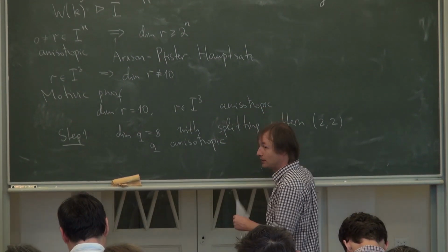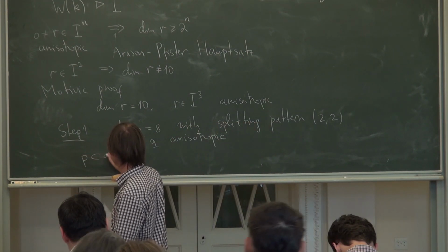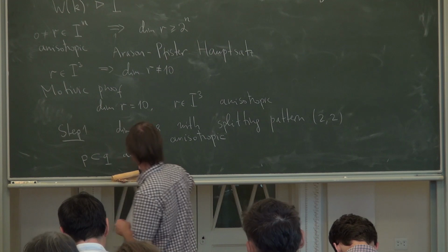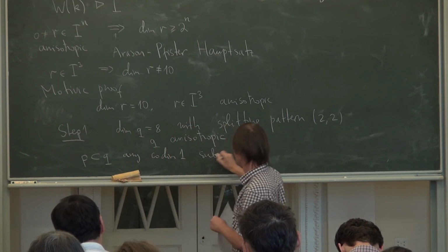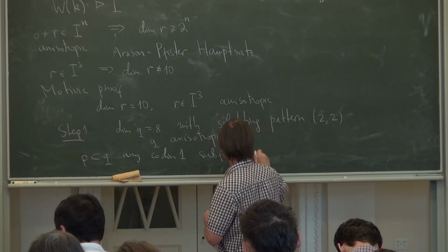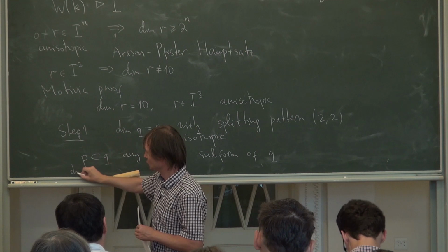And let P be any codimension one subform of Q. So Q is 8-dimensional, P is 7-dimensional.